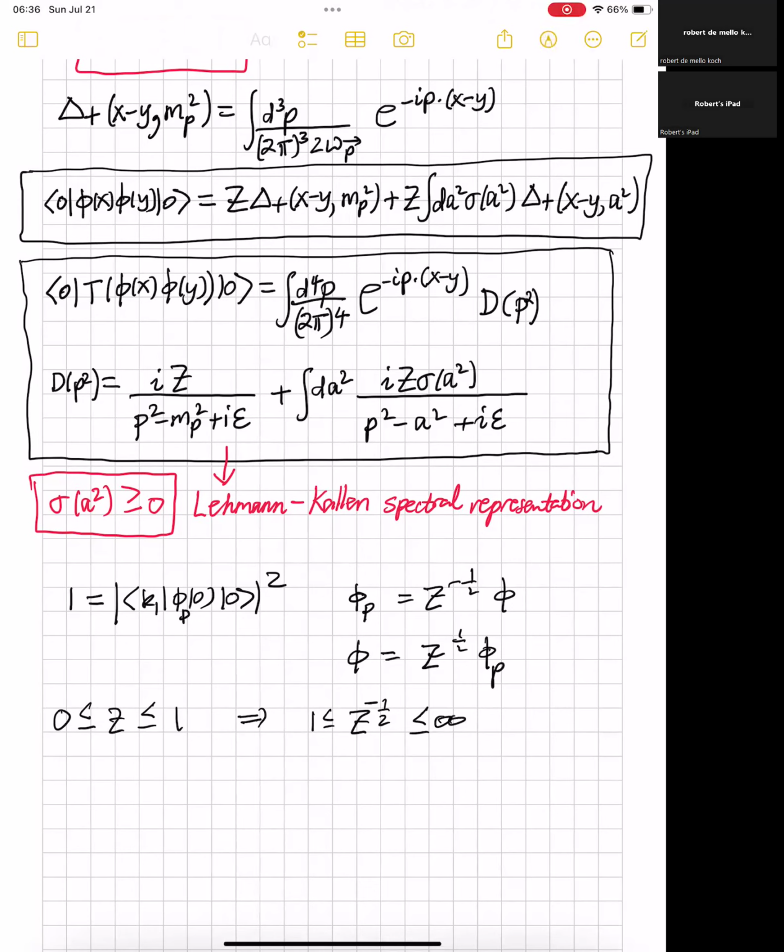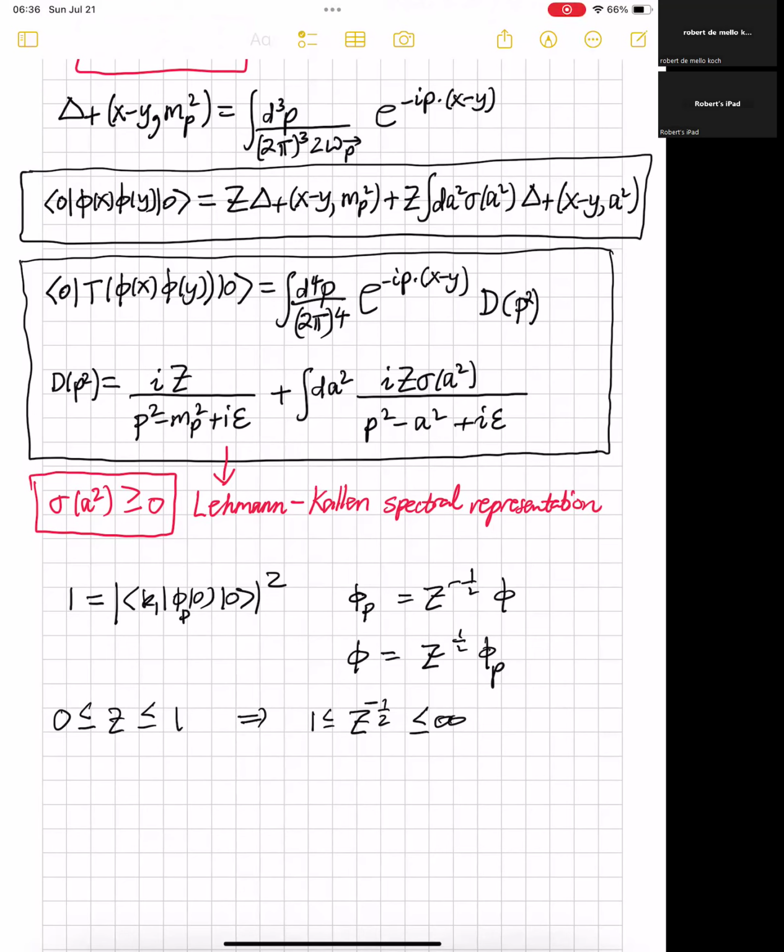So what that means is our field, phi P, the physical field, is actually bigger. The field strength is larger than the field strength of phi. And this makes sense. Our field phi is creating a single particle state plus some multi-particle garbage. We're increasing the field strength so that the amplitude with which we create a single particle state, that probability is equal to 1.